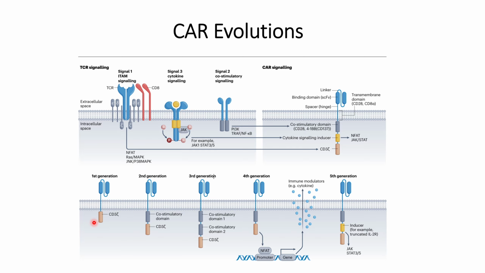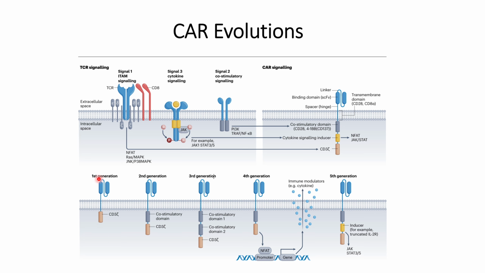So it might be a quick revision for the people who have gone through the previous videos in which I have discussed different generations of CAR. So in the first generation, as I have told, they have only tried replicating ITAM signaling pathways by using the activation intracellular domain as the activation of the T cells, it is CD3 zeta.